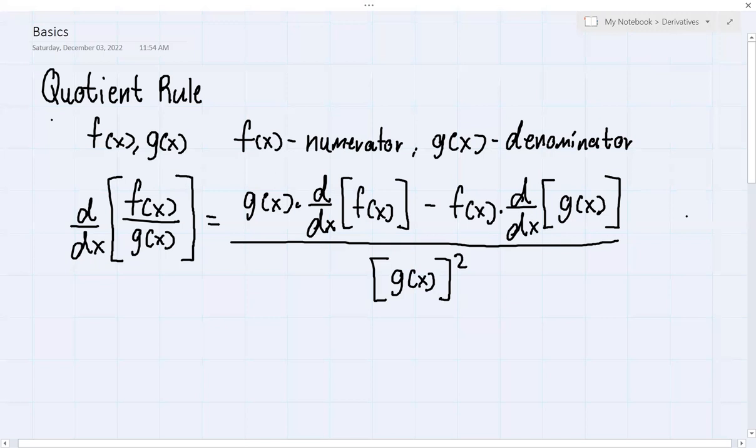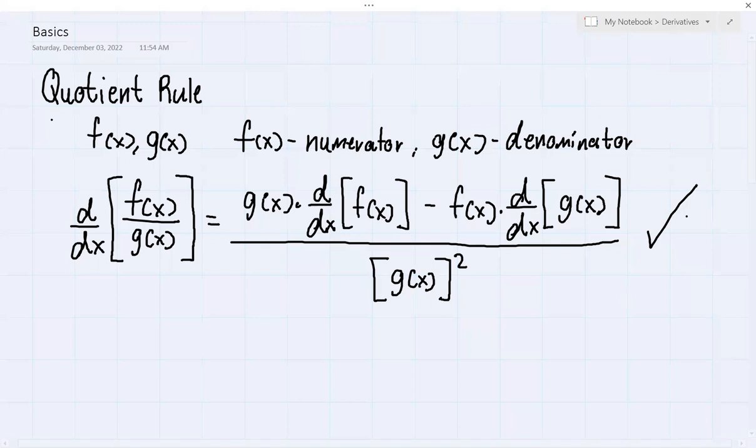Yan yung formula niya. This is what you call the quotient rule. And again, medyo mahirap siyang intindihin, di ba? This is the original look of the quotient rule formula.